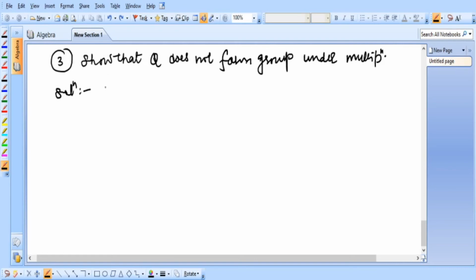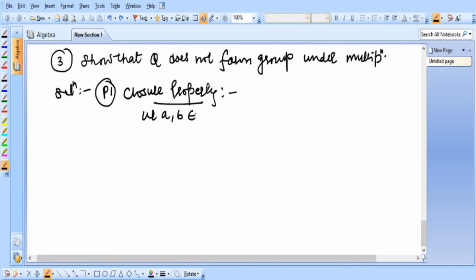So again, the set is Q and the operation is multiplication. For now, let us check whether it satisfies the first property or not. The first property is the closure property. Let a, b belong to the rational numbers.